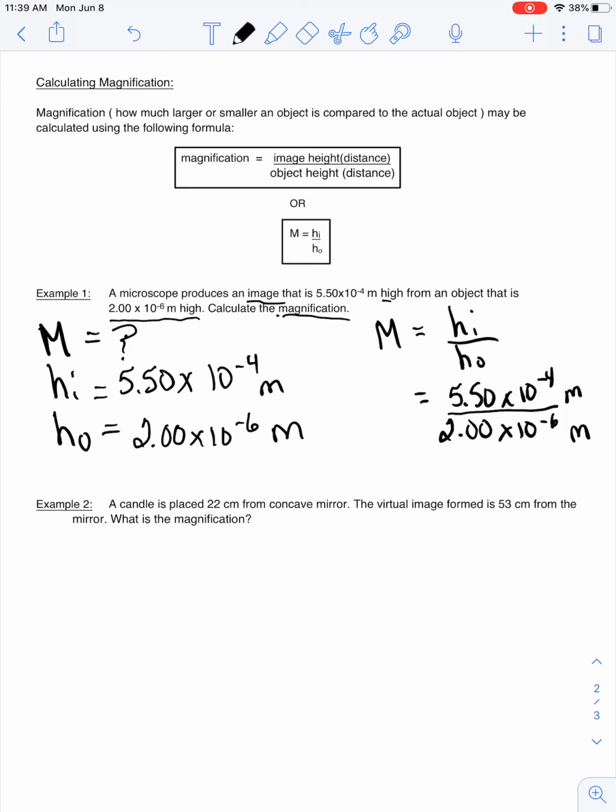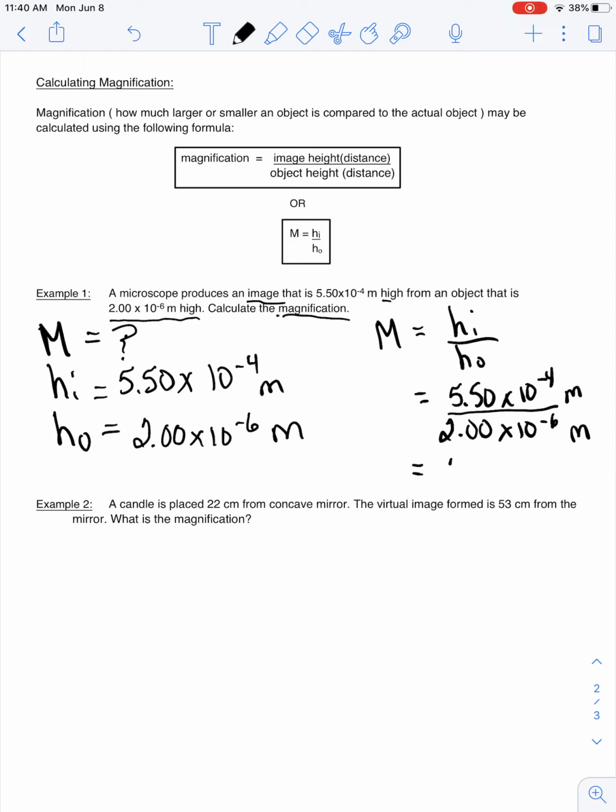And then you're going to use your calculator. Here we go. Again, you just plug those numbers in. Hopefully you've become accustomed to the scientific notation. Equals.